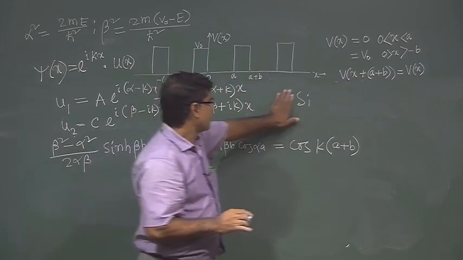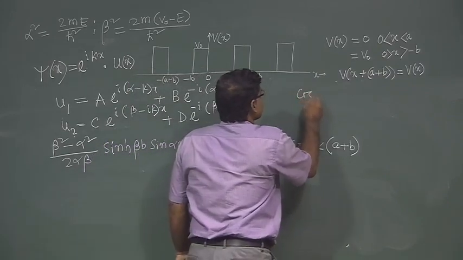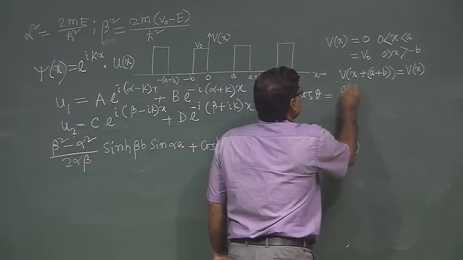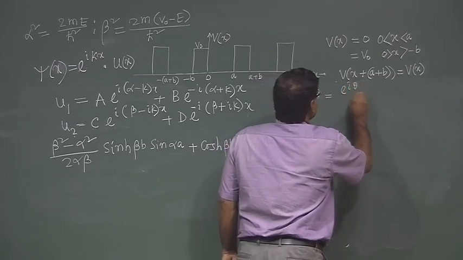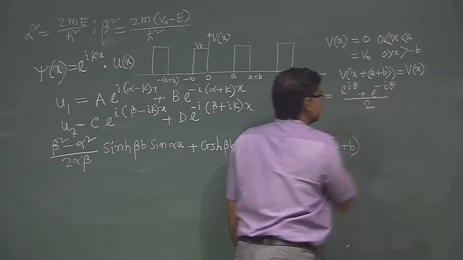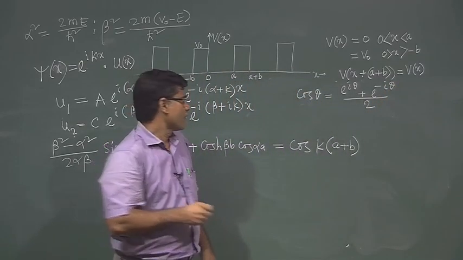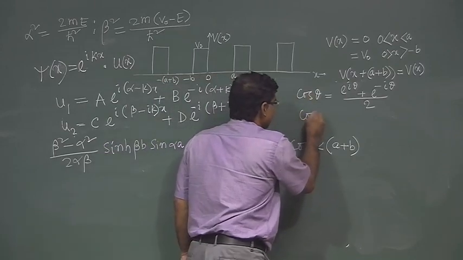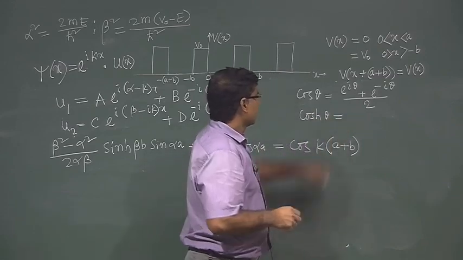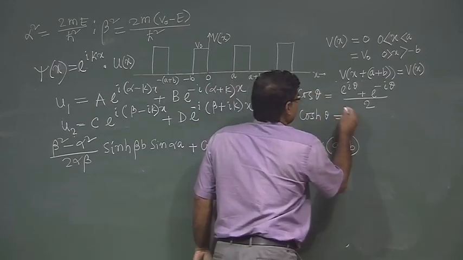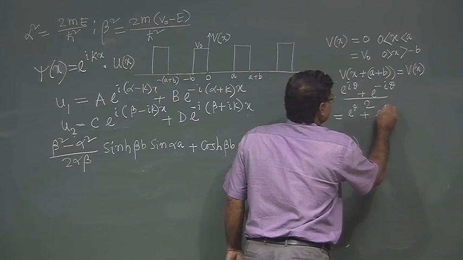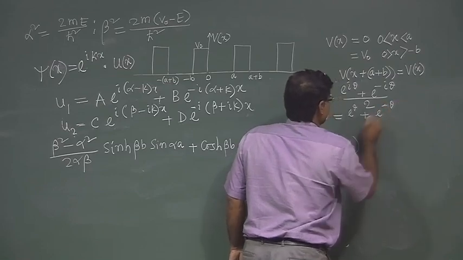Let me tell you, cos theta equals e to the power i theta plus e to the power minus i theta divided by 2, right. So cos hyperbolic theta is basically e to the power theta plus e to the power minus theta divided by 2.